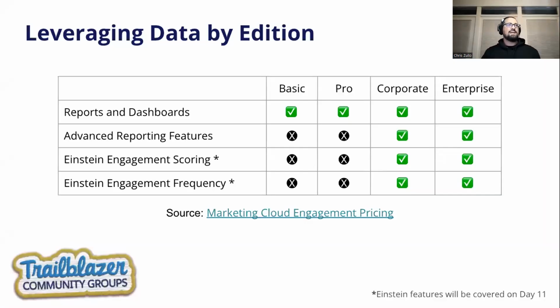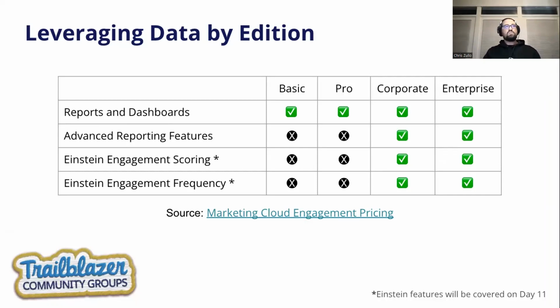So leveraging data by edition. This is straight from the Salesforce Marketing Cloud pricing page on their website. This is kind of the high level, what's available. This is a type of question that you may see, maybe not as granular or as specific, but you should be familiar with which editions have which features, which are standard, which are paid add-ons or otherwise an advanced feature.